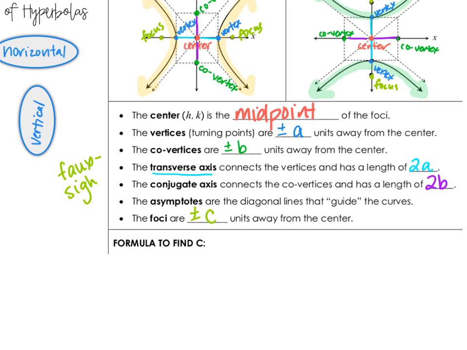The last thing that we're going to talk about is how to find c, how to find the foci, or the distance of the foci from the center. So we just use the formula c squared equals a squared plus b squared. Now this is different from the formula that we used when we were working with ellipses.